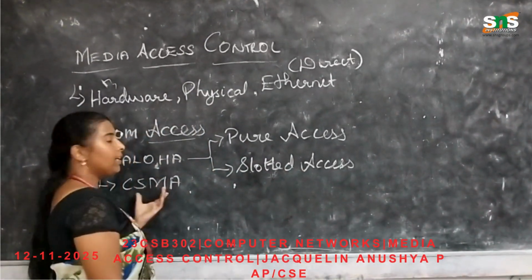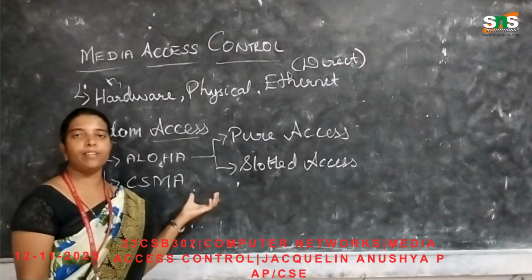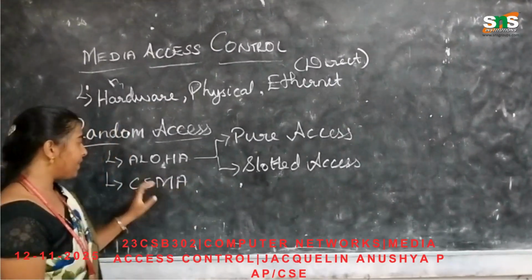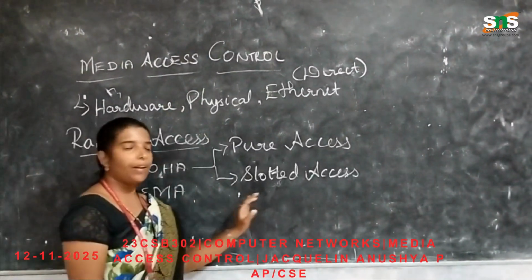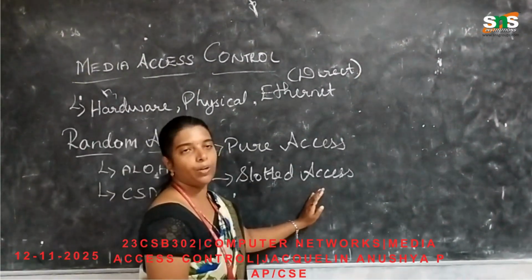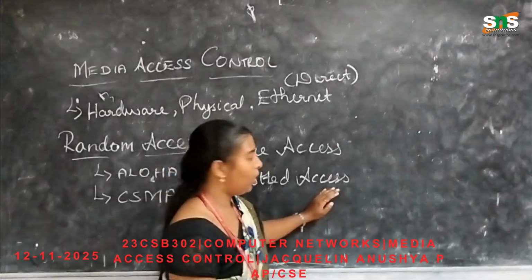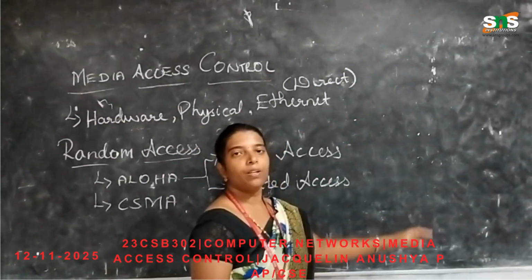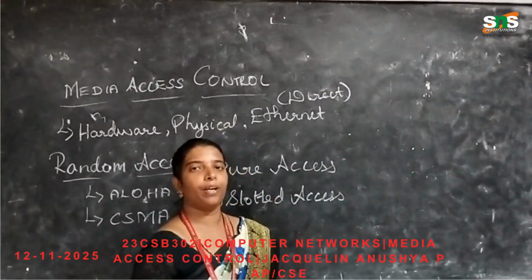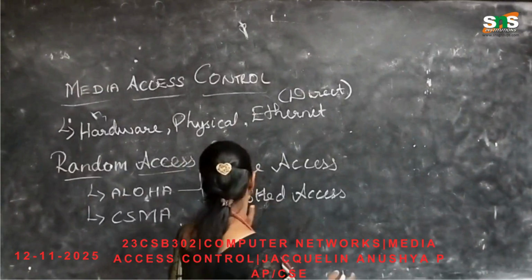Next is CSMA, that is carrier sense multiple access. In carrier sense multiple access, messages are transferred from one side to another side, whether continuous messages or broken messages, going with the flow.